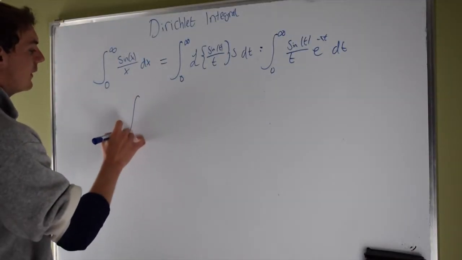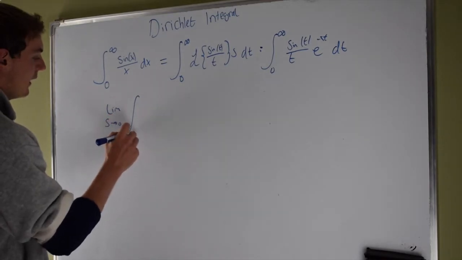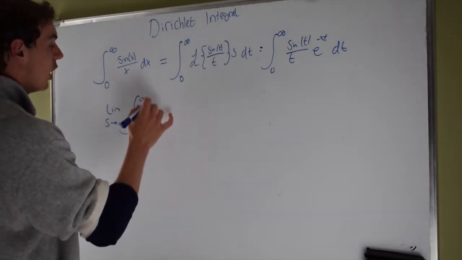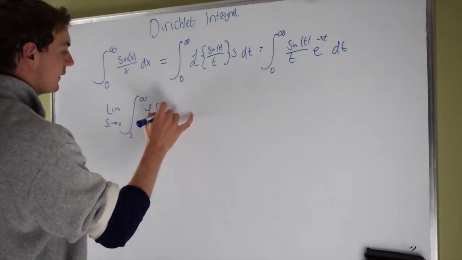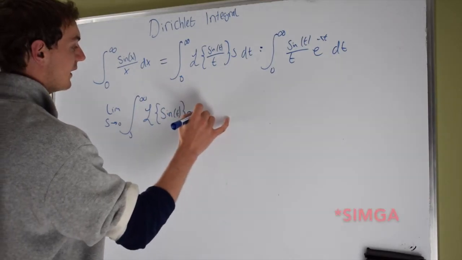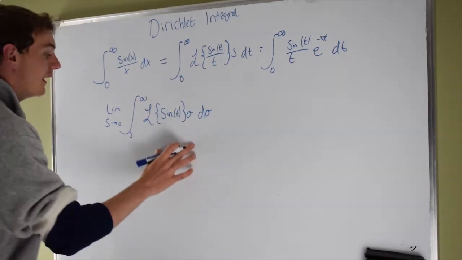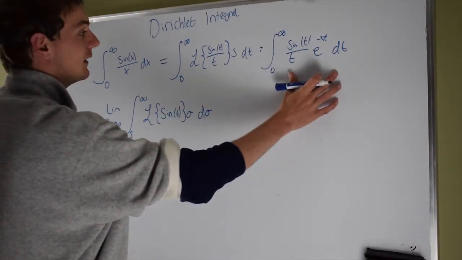Now this can be rewritten as the limit as s tends to 0 of the integral from s to infinity of Laplace of sine of t evaluated at theta d theta, and that is a common integral that you can just take.